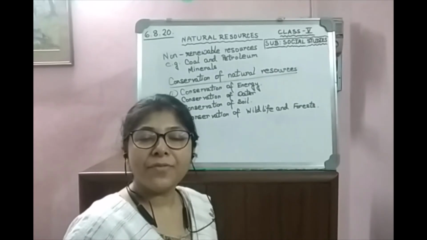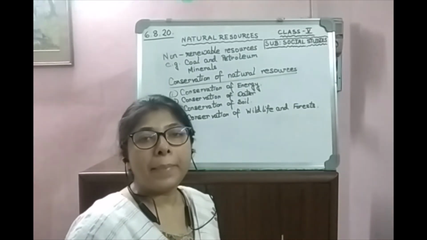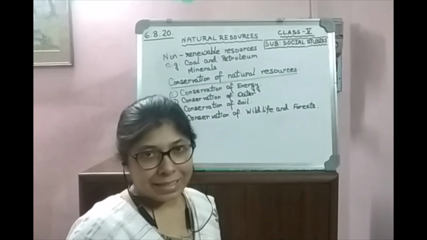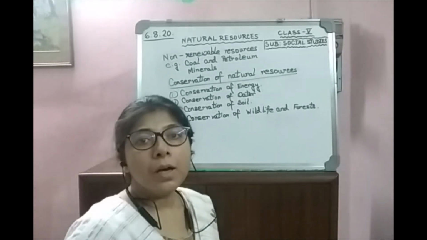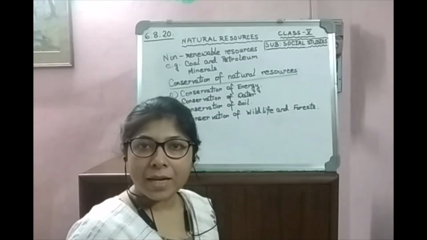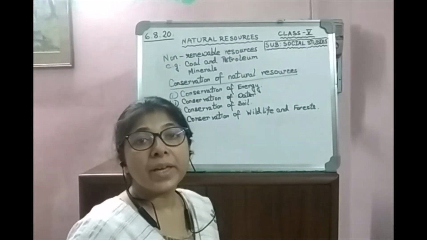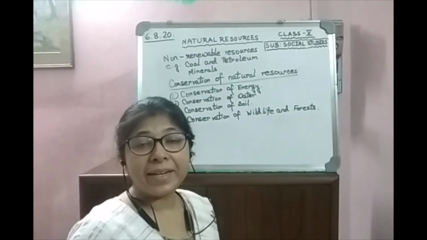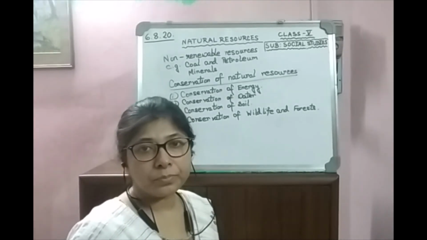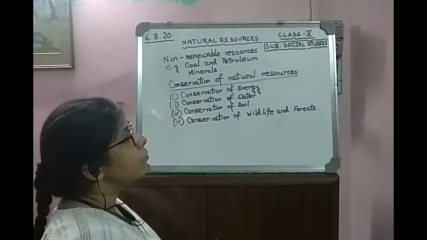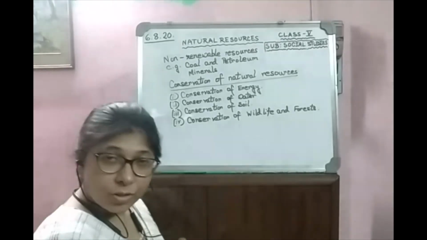Conservation of wildlife and forest can be done by prohibiting the killing of wild animals like lion and tiger, by controlling the overgrazing of domesticated animals in forest areas, and by controlling the building of industrial companies and dams in the forest areas. So these are the steps by which we can conserve our natural resources.